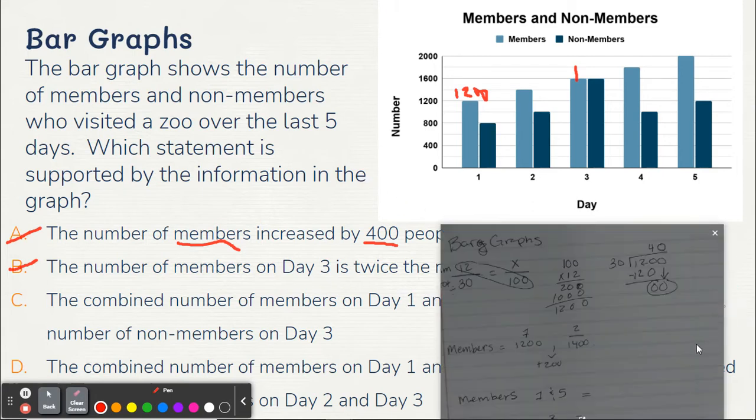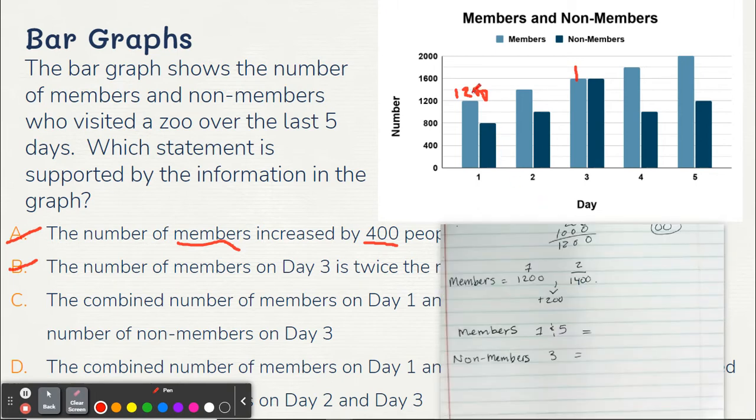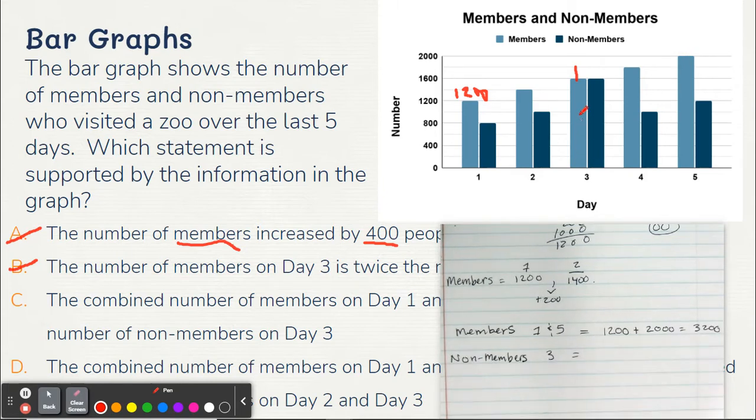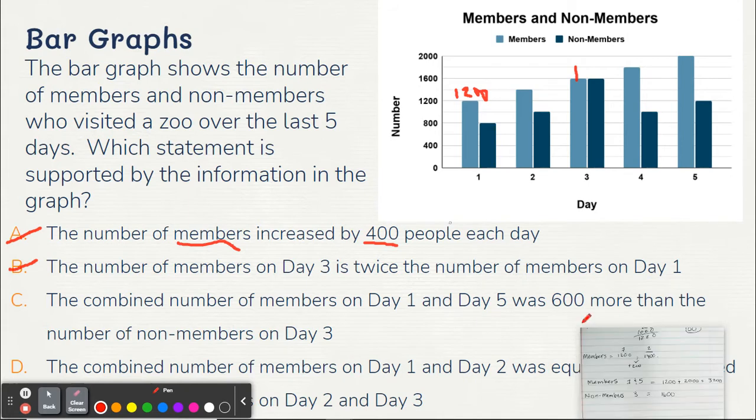I wrote them down here. Members on day 1 and day 5: day 1 is 1,200, and day 5 is 2,000, all the way up at the top. If I add those together, I get 3,200. And then non-members on day 3 is 1,600. It says the combined number of members on day 1 and day 5 was 600 more than the number of non-members on day 3.